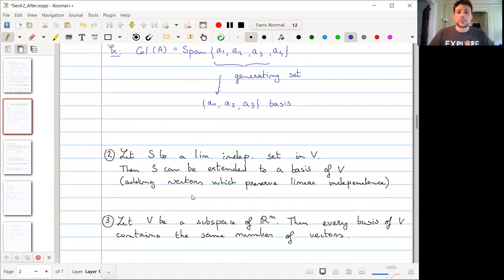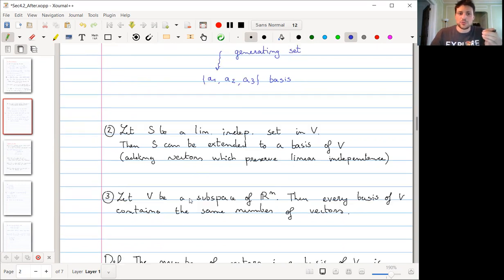Those two properties combined have another consequence, which is the third property here, which is that given any subspace of Rn, every possible basis I pick for that subspace has the same number of vectors in it. So the number of vectors in a basis does not depend on the basis that I choose.